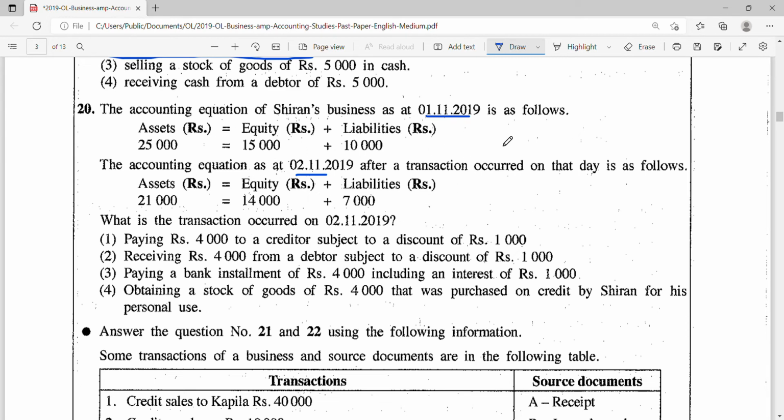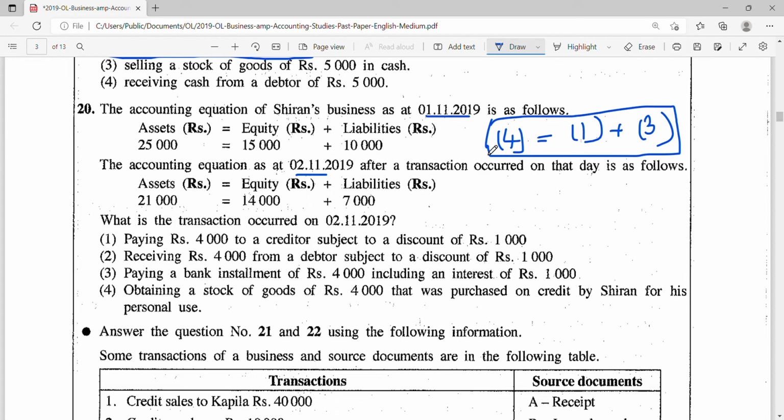So you can see asset has decreased by 4, equity has decreased by 1, liability has decreased by 3. So any transaction which fits into this impact will be the correct answer. So they are asking you what is the transaction that has happened?